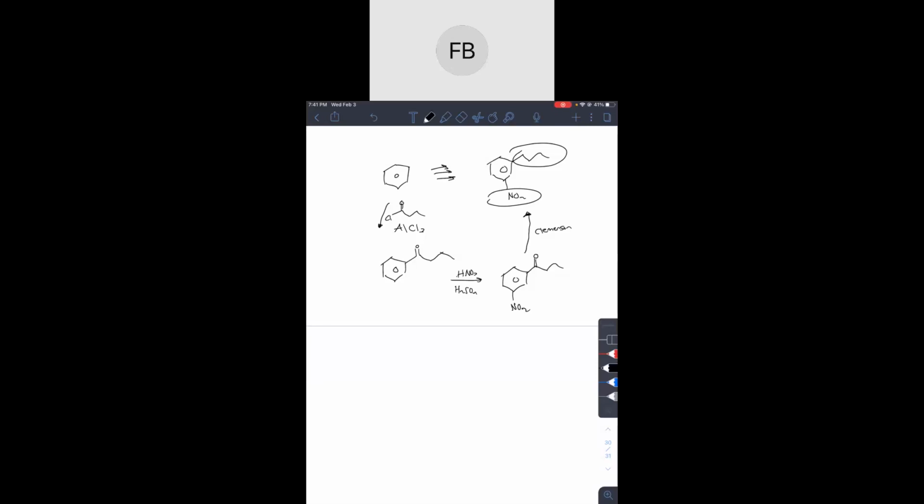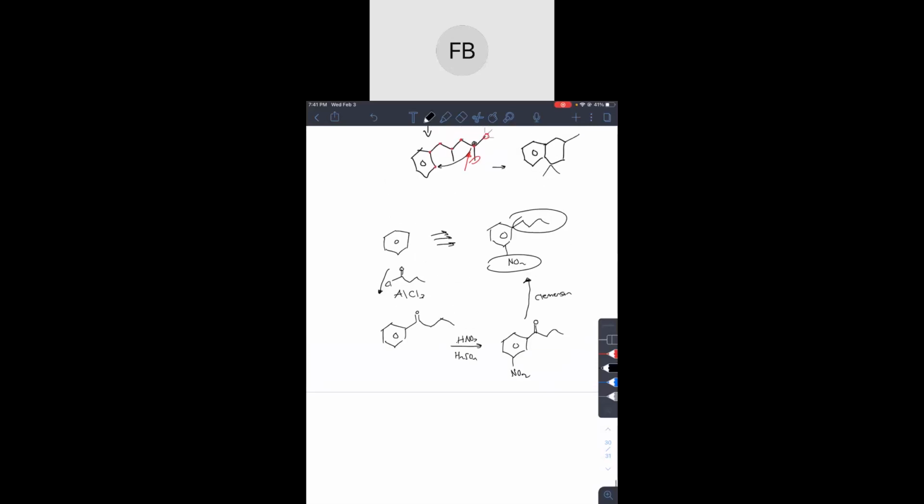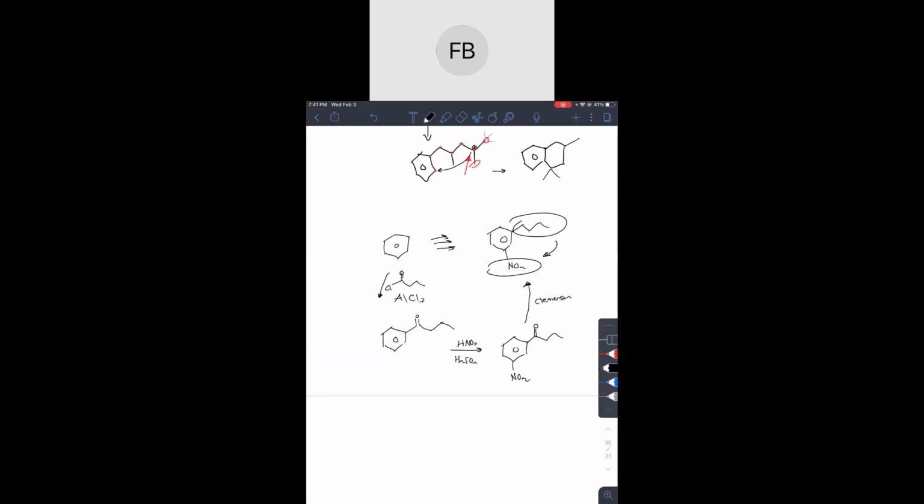Okay, so someone asked, can I repeat how to determine which part is added first? So I look at these two options, right? NO2 is extremely deactivating. On the other hand, the alkyl group is definitely more activating than NO2, but there's an issue. The alkyl group is ortho-para-directing, right? So I know that I'm not going to just add my alkyl group and then do nitration.